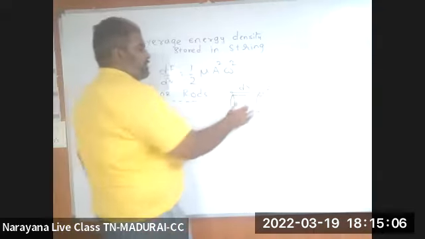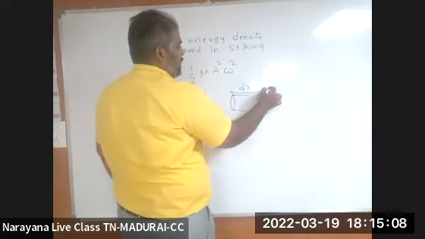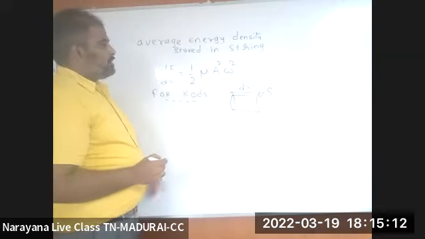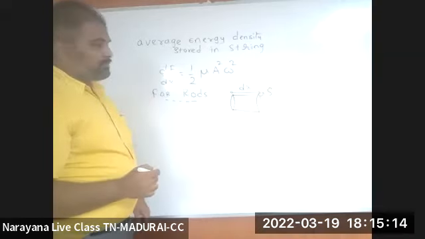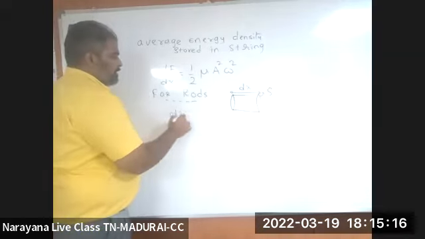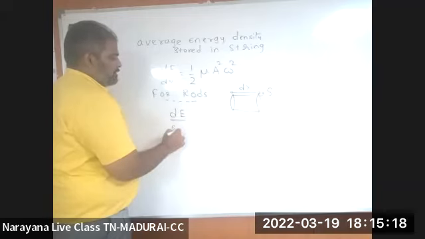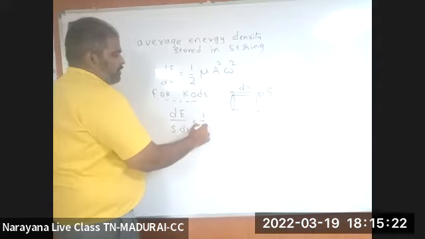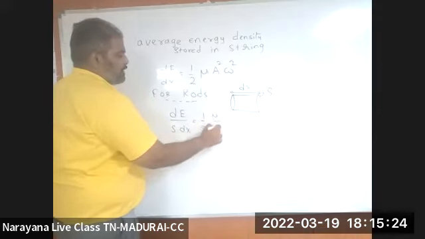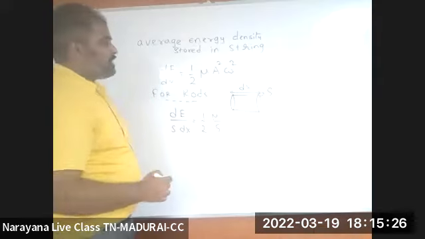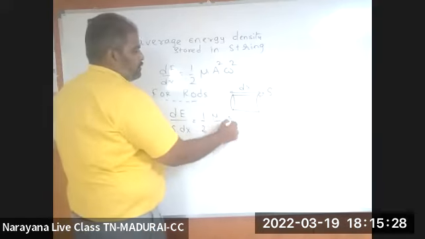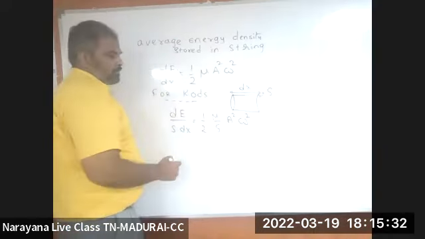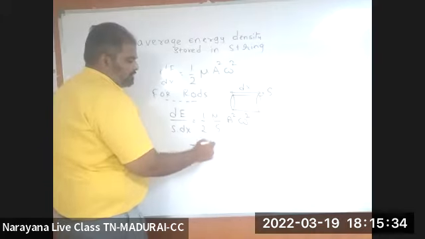So here the area of the circular cross section I will use a different alphabet, S. So on either sides I will divide with S. So what can I get? dE by S into dx, and here also half into mu divided by the area of the circular cross section, into A square into omega square. For a while I will keep this aside as equation number 1.